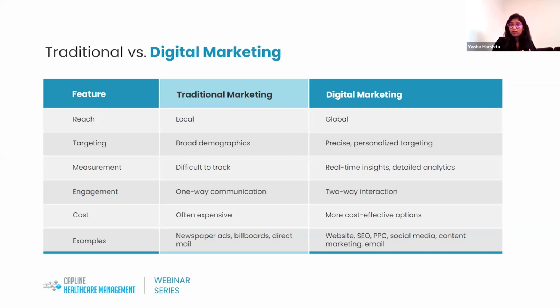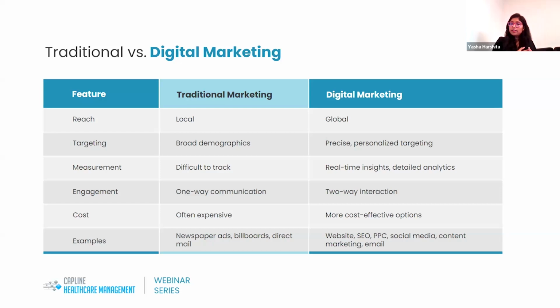The targeting is very broad when it comes to traditional marketing. So if you are targeting a patient of a slightly higher age group with a newspaper, you might reach the person, you might not. But with digital marketing, you do precise and personalized targeting. You reach that exact individual, the exact age group you want to meet.